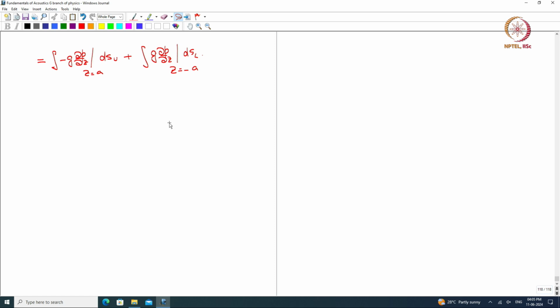Okay. So now let us look at this. Del P by del Z from the Euler equation upper is equal to minus j omega rho V Z upper, and del P by del Z lower is equal to minus j omega rho V Z lower.